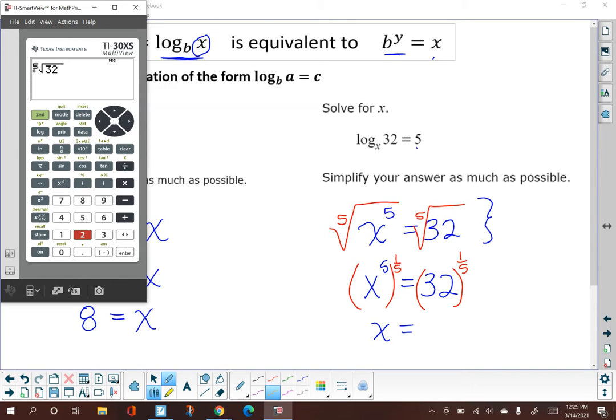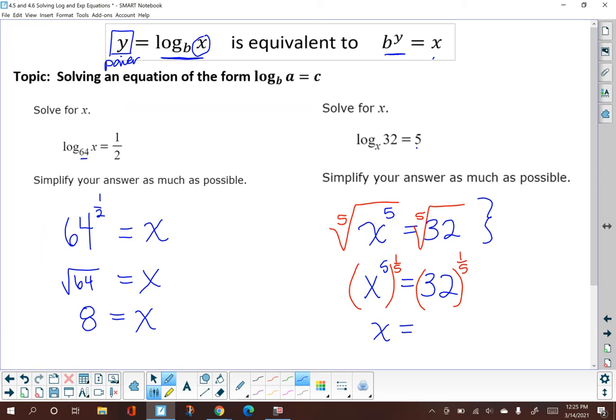You should see the 5 tucked up small when you type it in. Or you could do 32 to the power 1/5 to get that same answer. Or maybe you just know that 2 to the power 5 is 32. Any of those ways will work. And so we get our answer x equals 2.